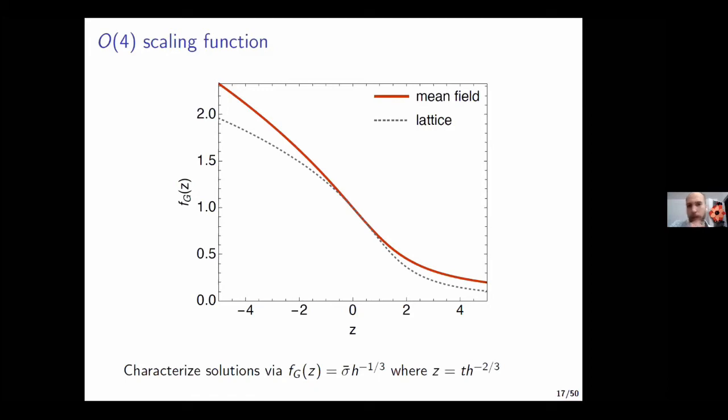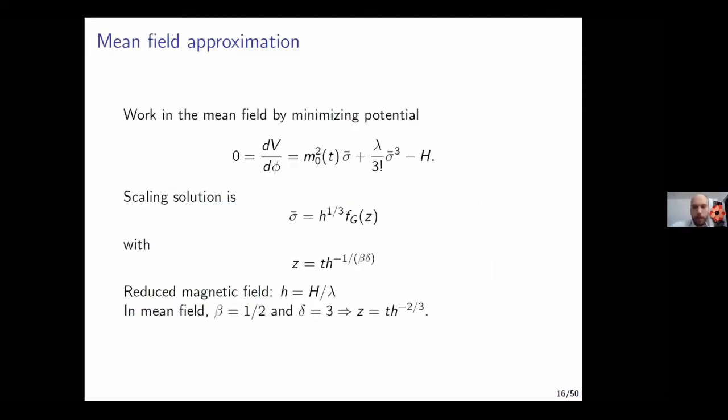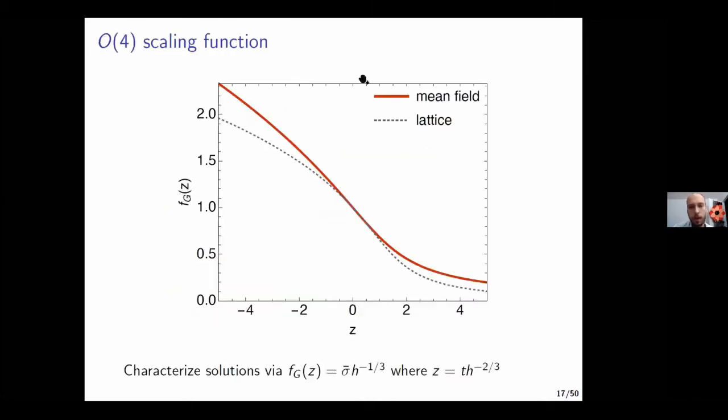So this scaling function that I introduced before, how the mean value of the amplitude changes, is plotted here against this variable z. And just to remind you, this is what f_G of z is. It's just sigma bar h to the minus 1/3.